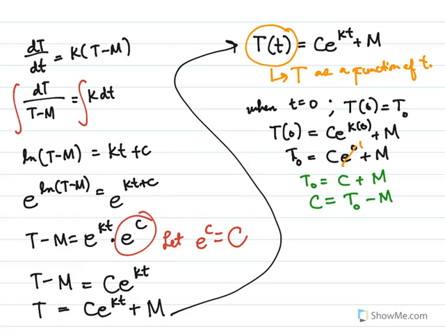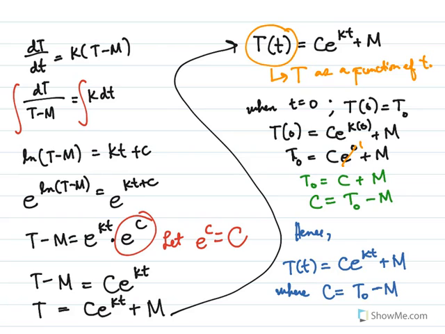Okay, so we can now say that yung magiging general solution natin ngayon becomes, okay, hence we can write T of t as C e to the kt plus M, where your C is just T naught minus M. So, mas-solve natin agad yung ating arbitrary constant C by just getting the difference.